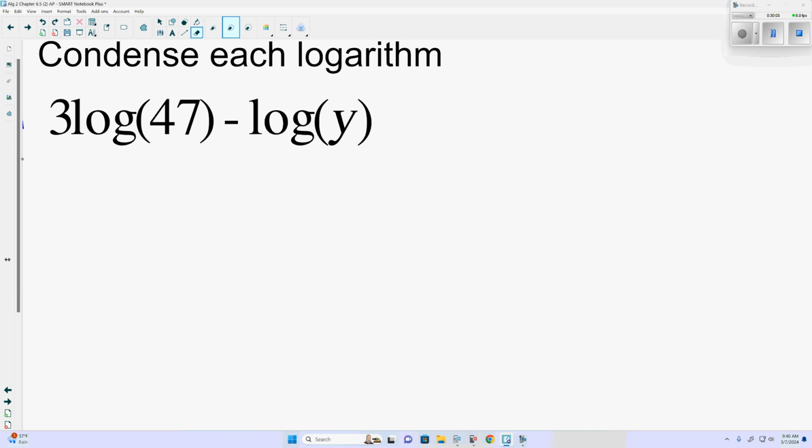We're going to do a few of the condensing. When we condense, so condensing steps are a little bit different. Because normally, as it's quotient, product, power. That's how we do expanding. We remove quotient. Yes.